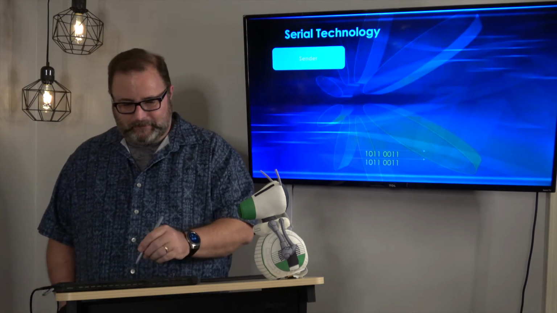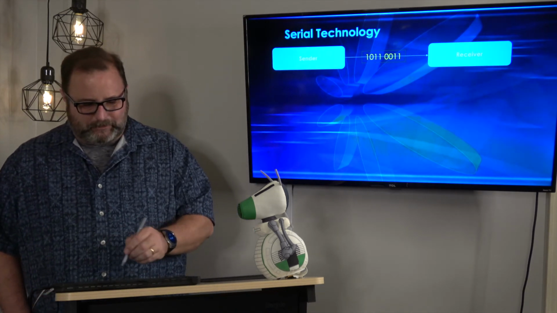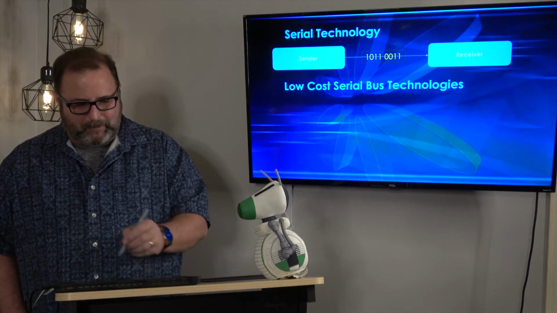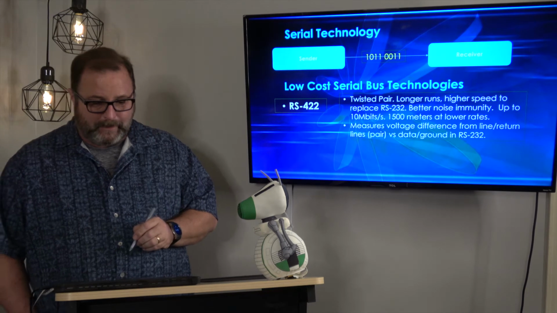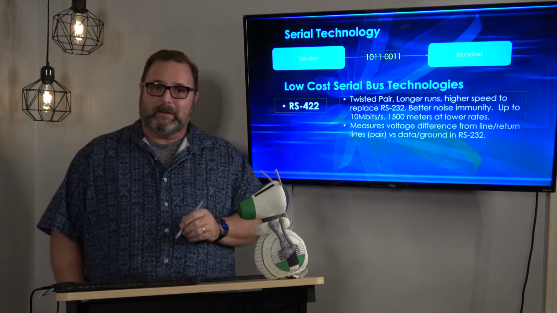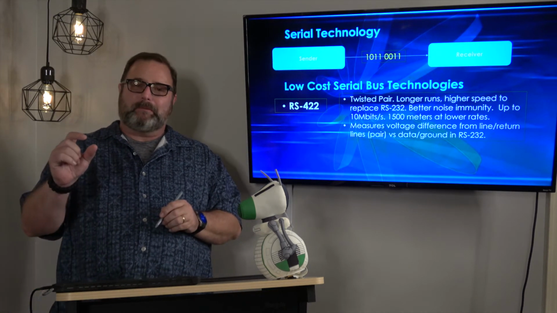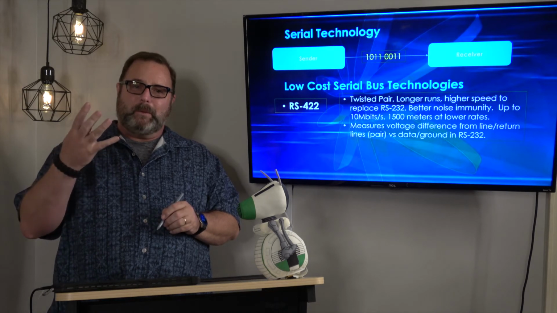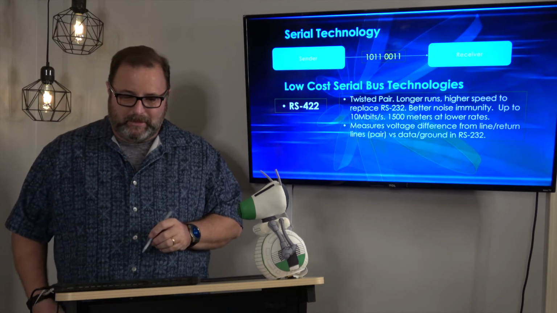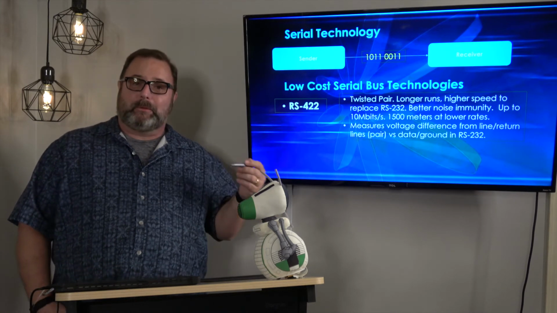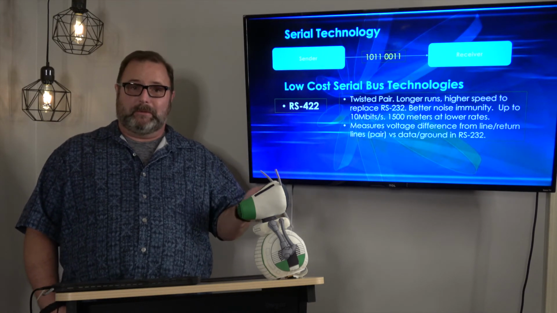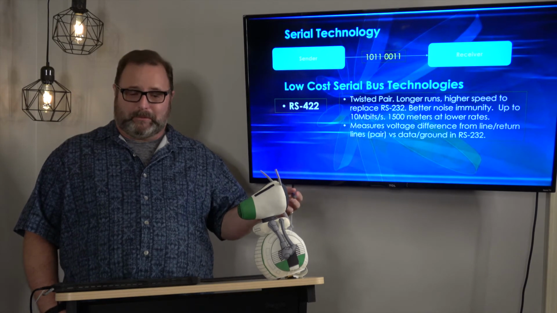The sender sends a serial packet to the receiver. So we've got a couple more we want to talk about. RS422 is twisted pair. Okay, if you take apart an RJ45 network cable, you have 4 twisted pairs. It's good for longer runs, it's high speed, and it's to replace RS232. You don't see any RS232 ports anymore.